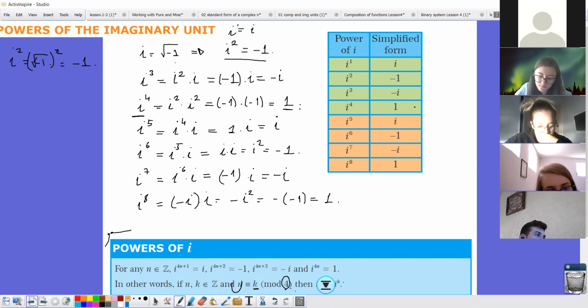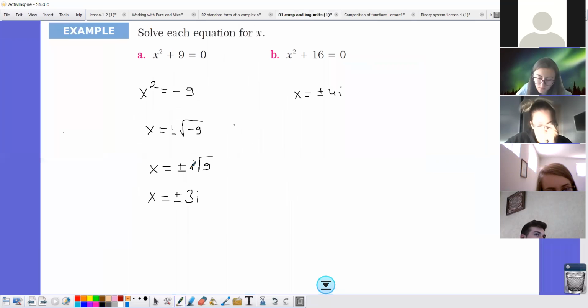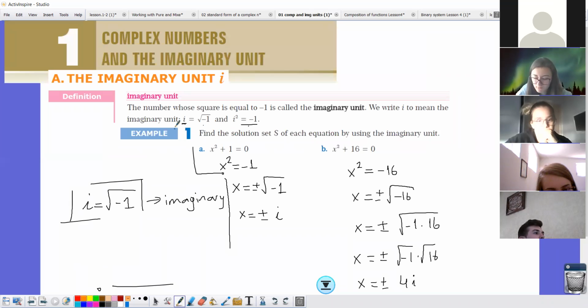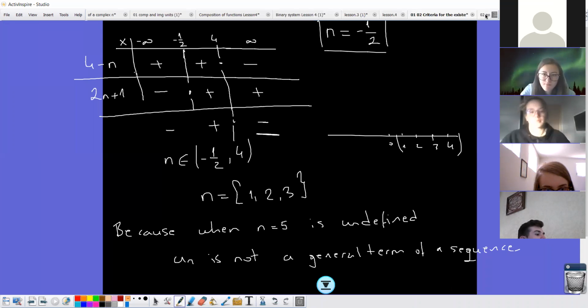Also, in the definition of i, we are giving it: i is equal to root of -1 and i squared is equal to -1. If you remember here. Okay, teacher. Let me find it now.